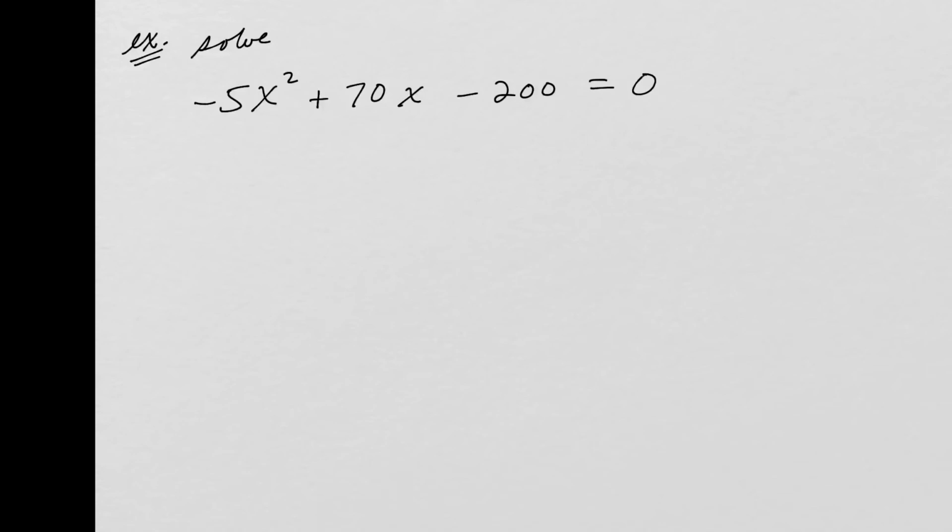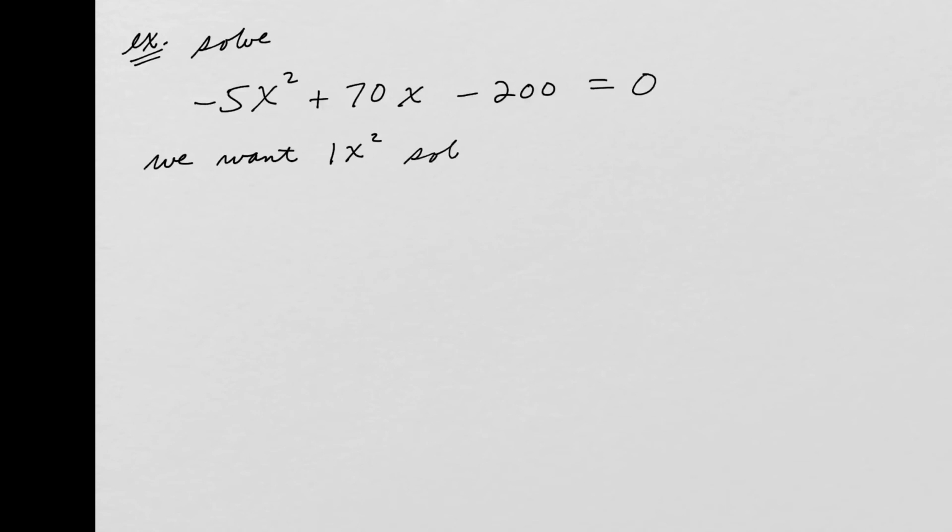So in order to complete the square, the coefficient of the x squared term has to be a 1. And right now it's negative 5. But what we can do is we can divide everything by negative 5 first, right? We can get rid of that negative 5 there. So we want 1x squared, right?